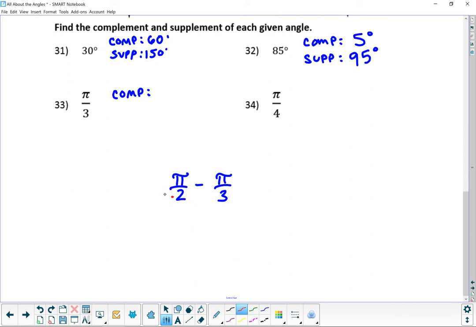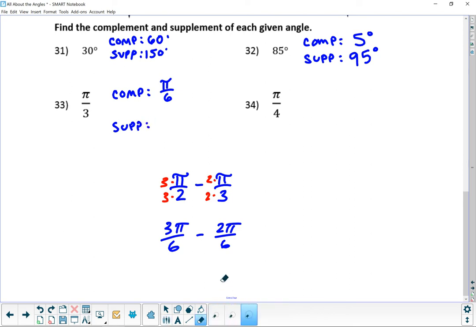I'll multiply by 3 and by 2 to get a common denominator, so I will have 3 pi over 6 minus 2 pi over 6. 3 minus 2 is 1, so pi over 6. That's my complement.